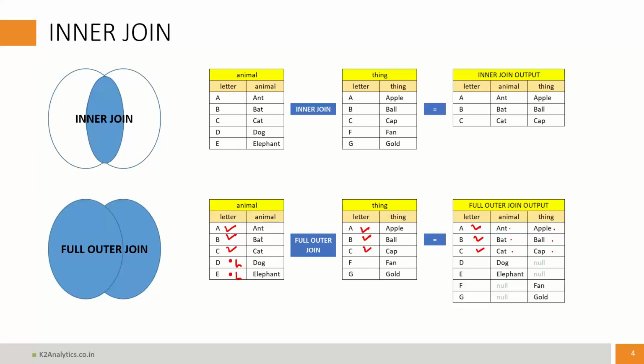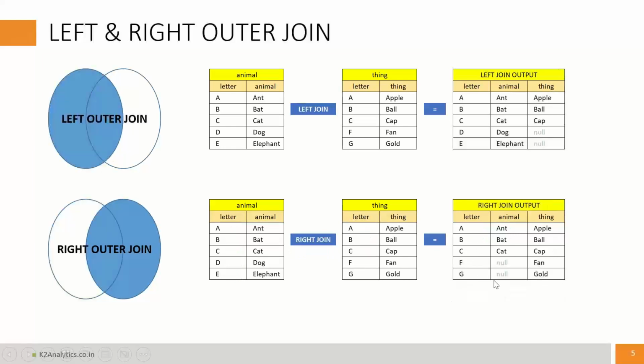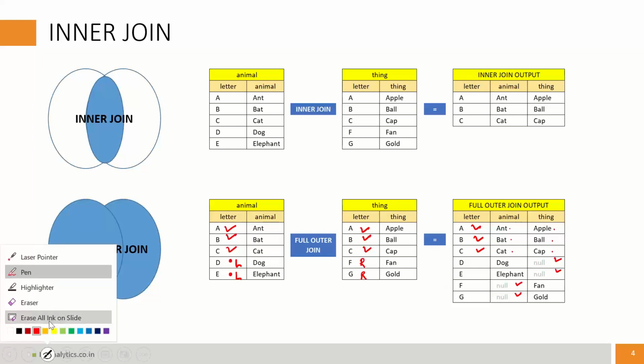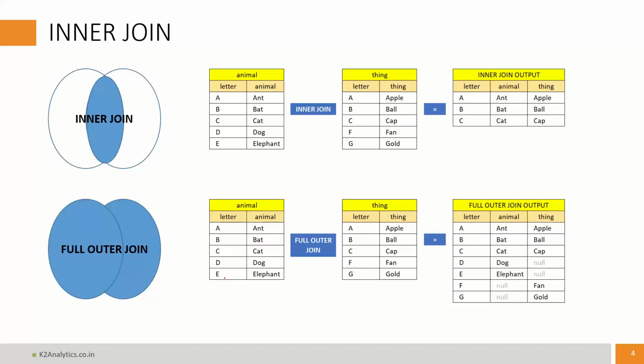D and E are available in the left hand side table, but the corresponding identifier is not present in the right. So in the output, you get null for the thing. Whereas F and G are present in the right hand side table, but they are not present in the left table. So in the output, the animal column will have the null value. When you are writing a query which will give you such an output, it is called a full outer join.